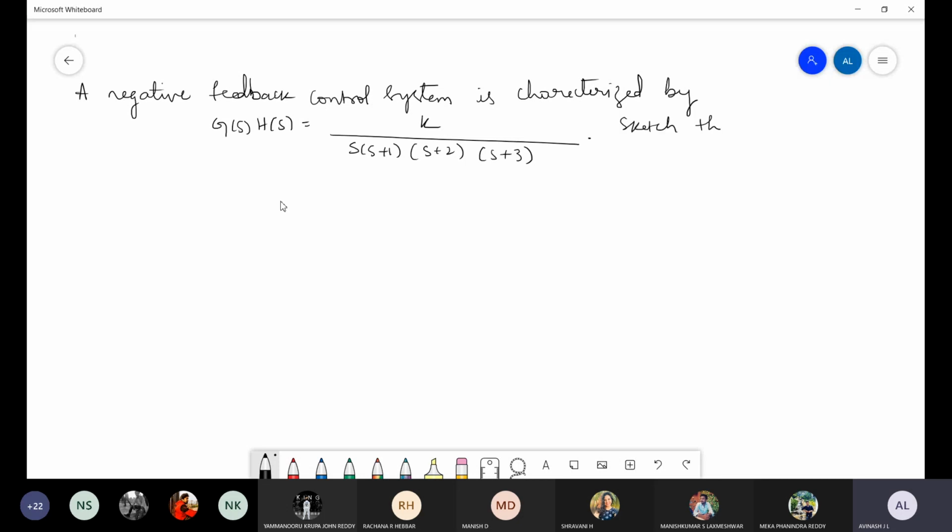Sketch the root locus plot for k ranging from 0 to infinity.